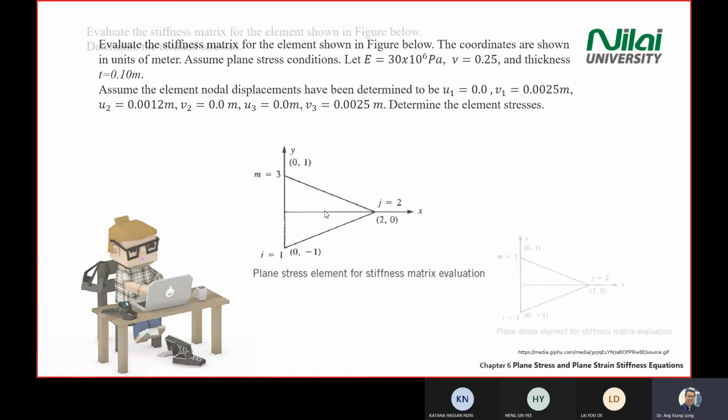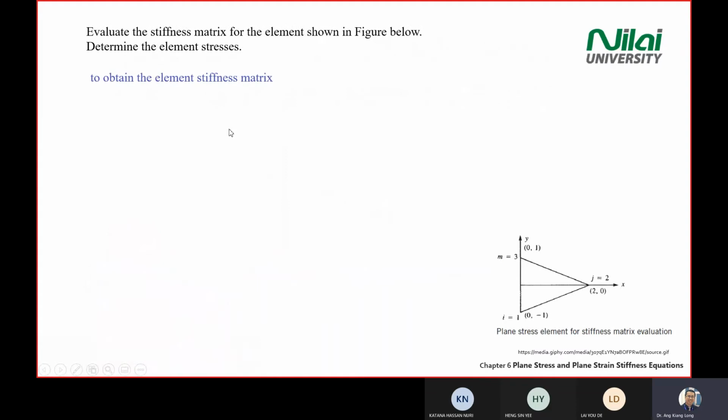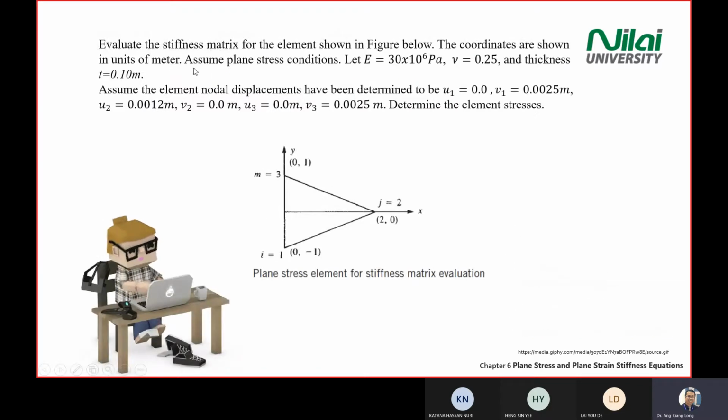So how do we start? First, you use this equation. So this equation is specially designed for chapter 6. So if you look at chapter 6 or plane stress question, how you identify a plane stress question in the exam, you will see assume plane stress condition.